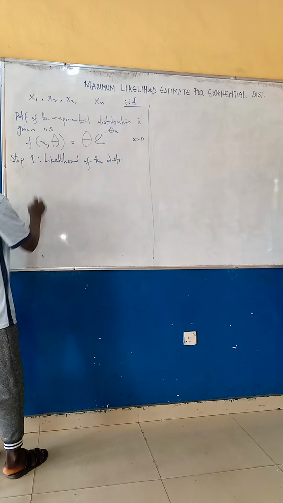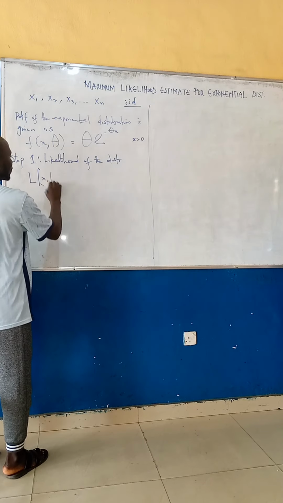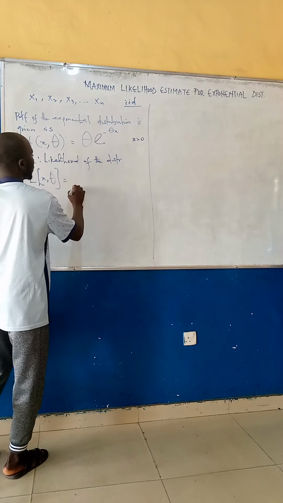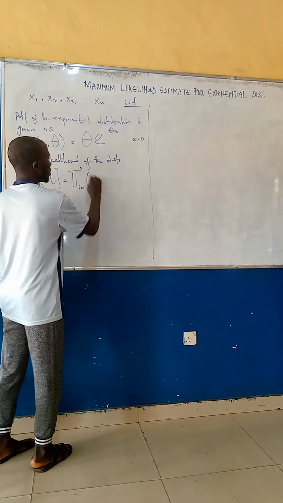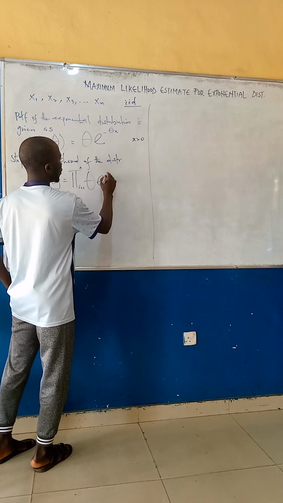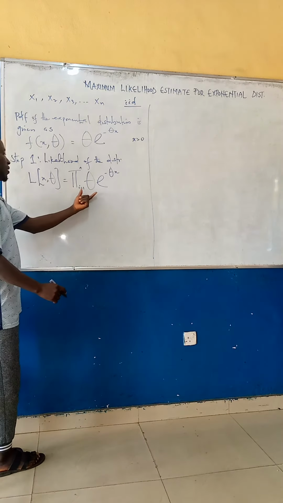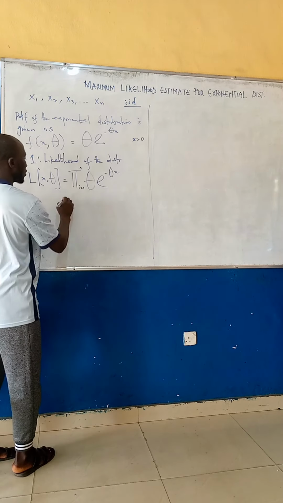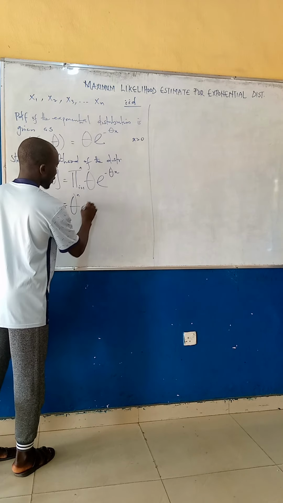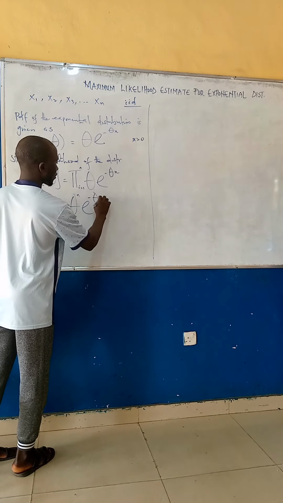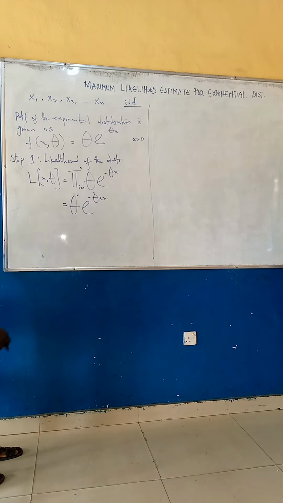So we check the likelihood, and doing that we have L(x, θ) equals the product from i = 1 to n of θ exp(−θx). What this implies is that the likelihood is going to give us θ raised to power n, exp(−θ summation x). We take the likelihood of the distribution.